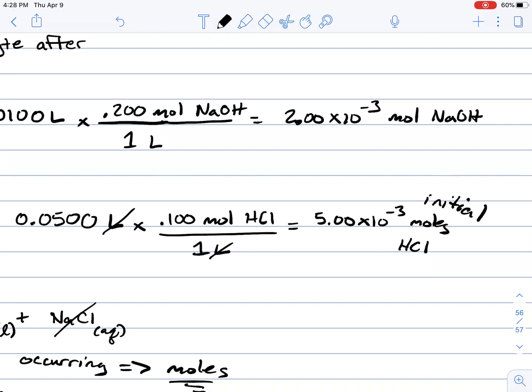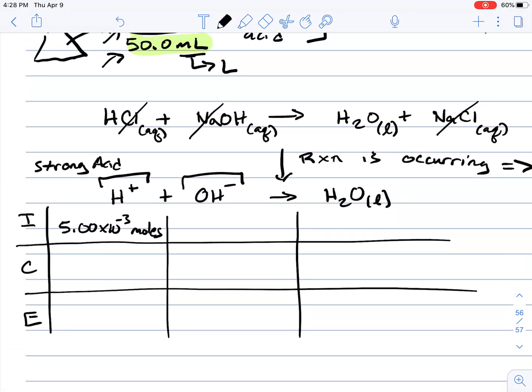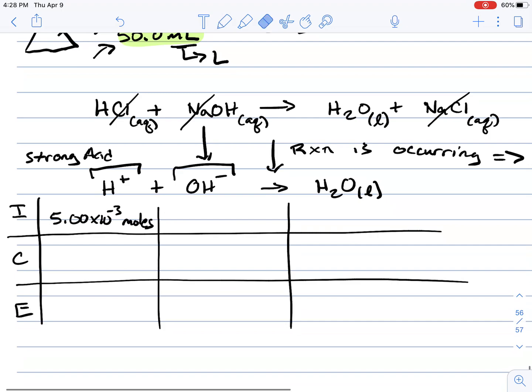And so if you guys are looking at the identity of the substance, if I have this amount of sodium hydroxide, then that also represents the moles of hydroxide. Remember that sodium and chloride are spectator ions. Okay. So that's why when I'm putting it into this equation, I'm simply representing NaOH as OH minus and HCl as H+. So this is going to be 2.00 times 10 to the negative 3 moles.